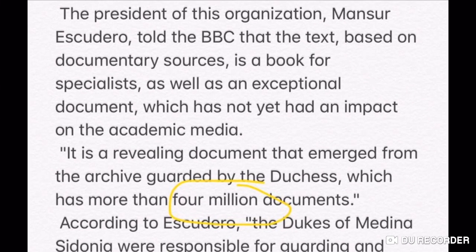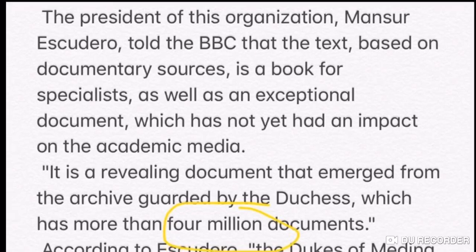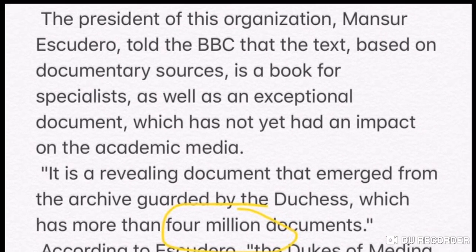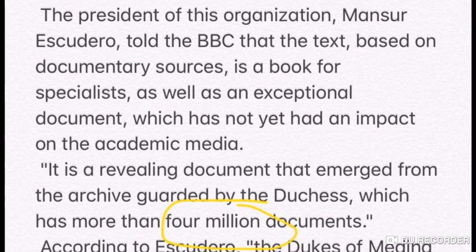The president of this organization, talking about the Islamic Board of Spain, which is a modern day organization. They are the ones who have been trying to publish her book, because nobody wants to deal with her because of that information.